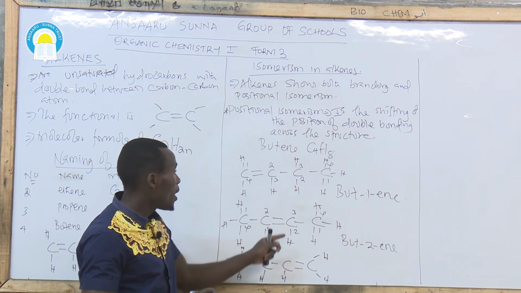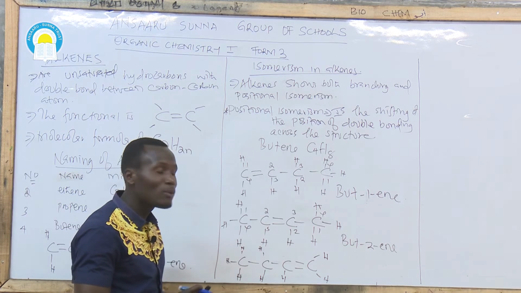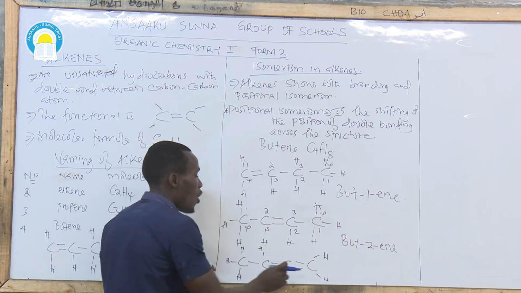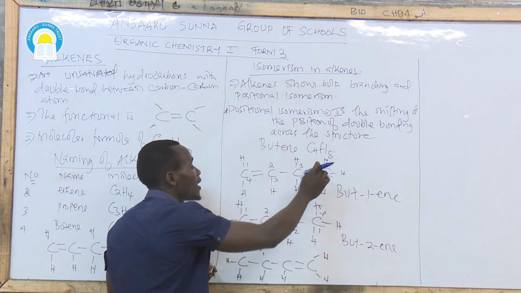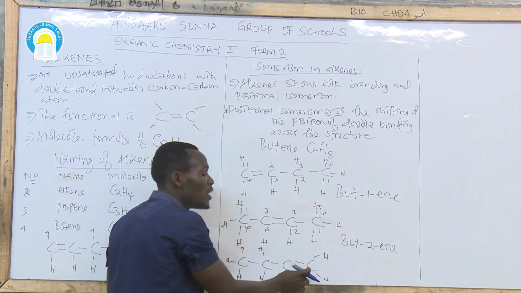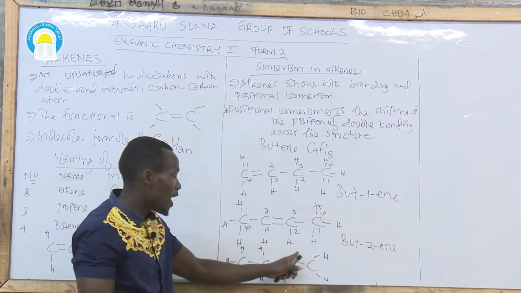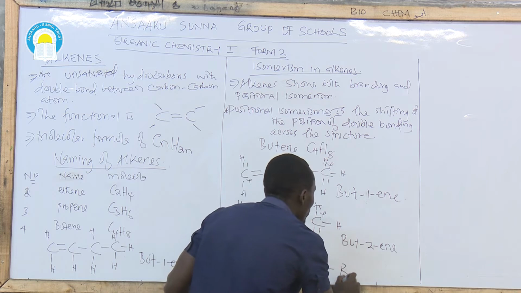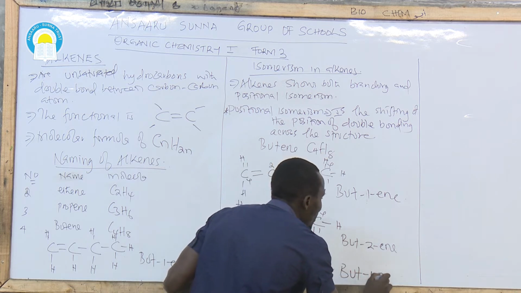This structure and this one have the same names, whereby the position of the double bond, now we are going to start naming it from this end, since the double bond is nearer from this end. Therefore, this one is still going to be but-1-ene.